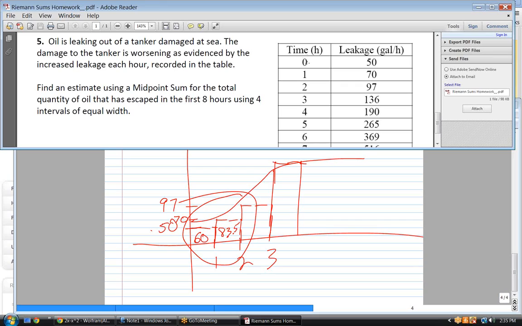When they measured this rate of change, at this instant it was 50 gallons per hour, but at this instant, an hour later, it was 70 gallons per hour. So what we're really talking about here is called net change, integral as net change. If we know a rate of something and we want to know the total net change, we're going to integrate.